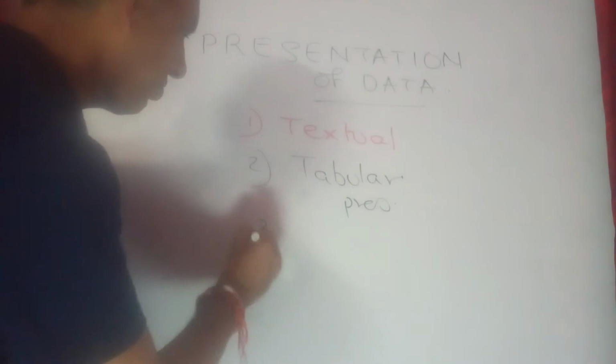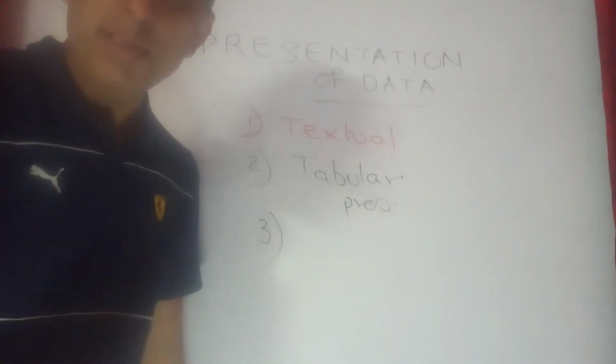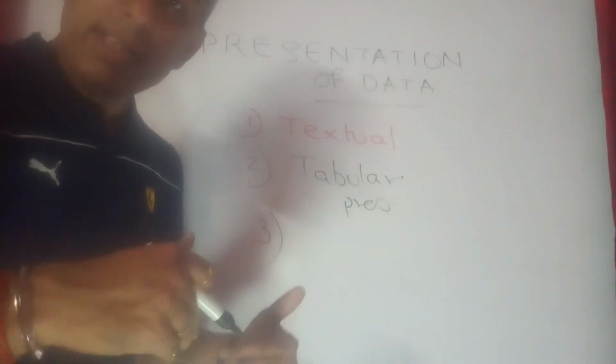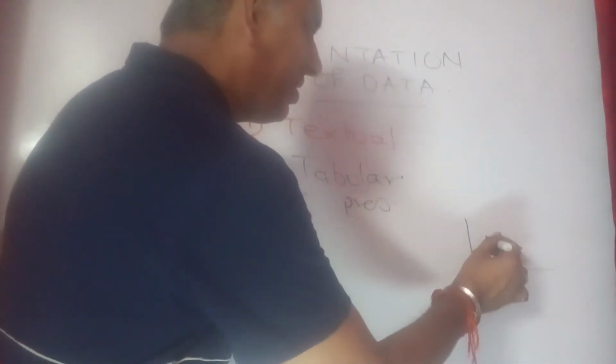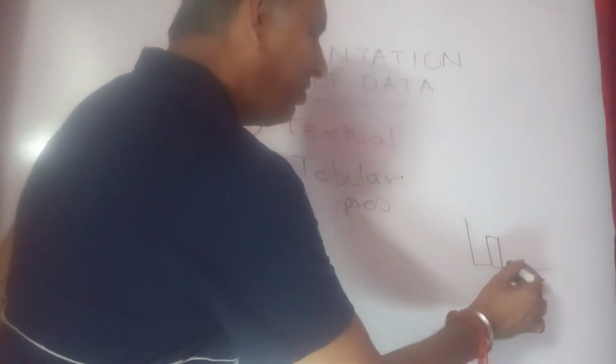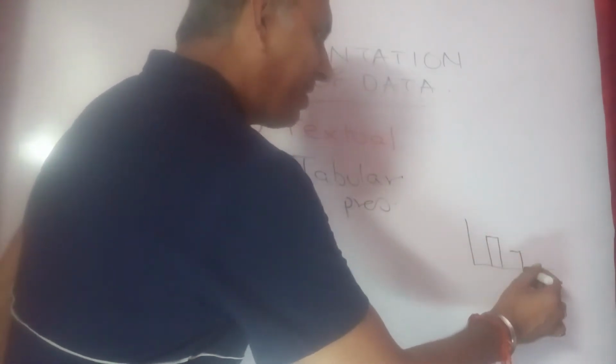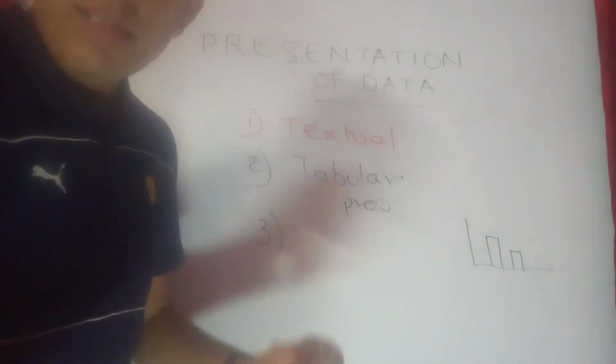Come to the third one, students. Equally important is a method which is much more appealing, right? If you present the data in the form of, say for example, these graphs, these bars rather, right?